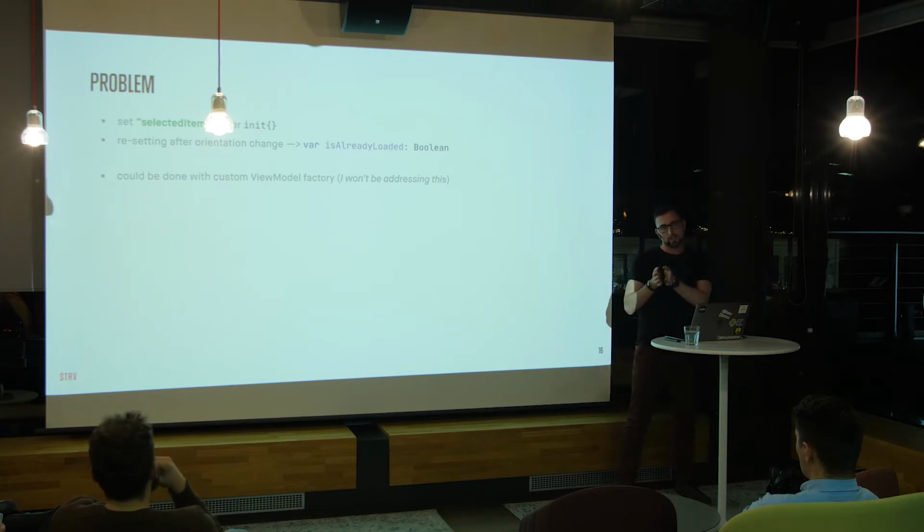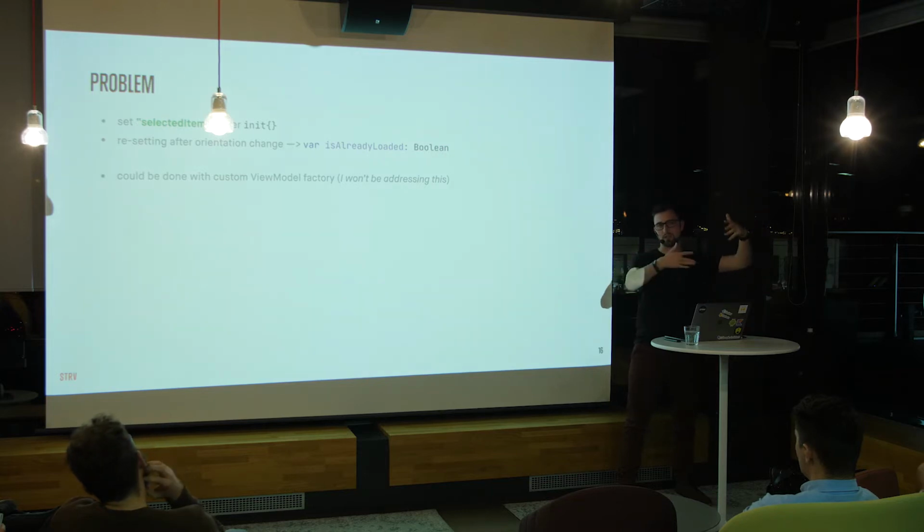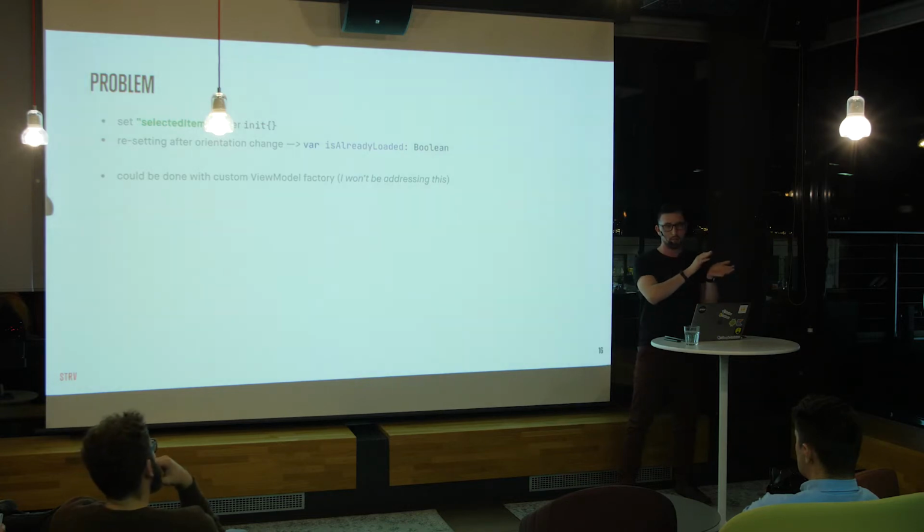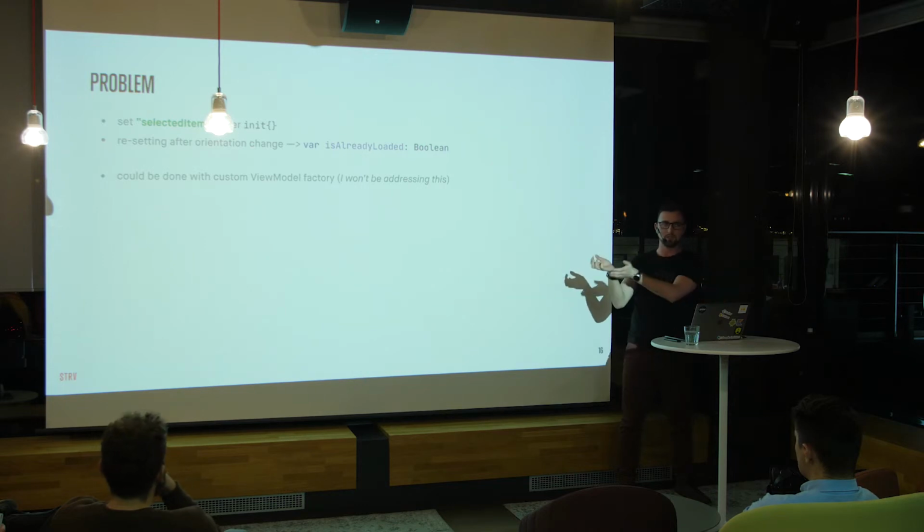You would be actually selecting the items after the view model's construction, which means if it was something you would need to do asynchronously, or you need to first load the items and then select them, you cannot do that in init, because you have to put the state into your view model from the fragment.